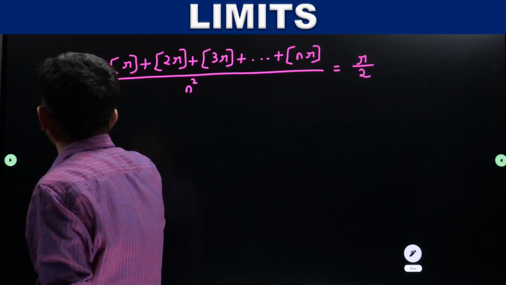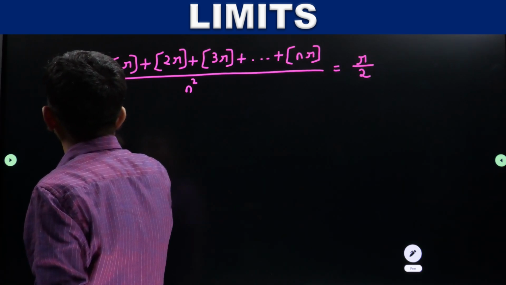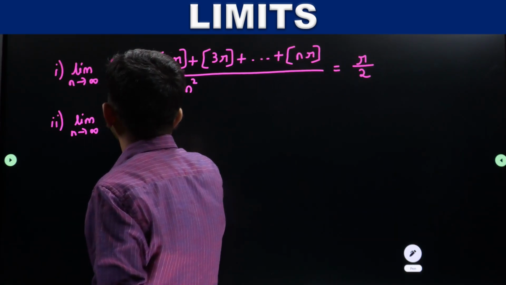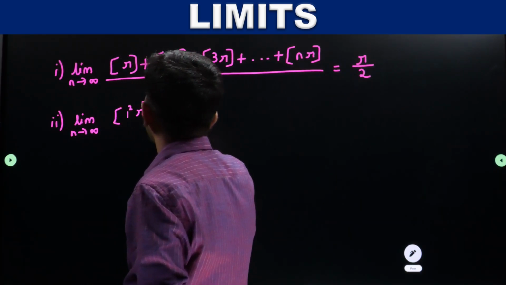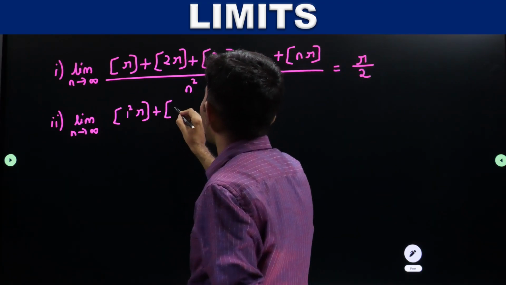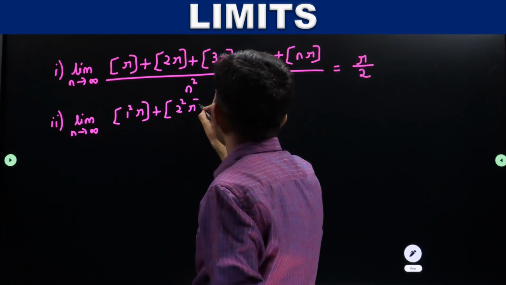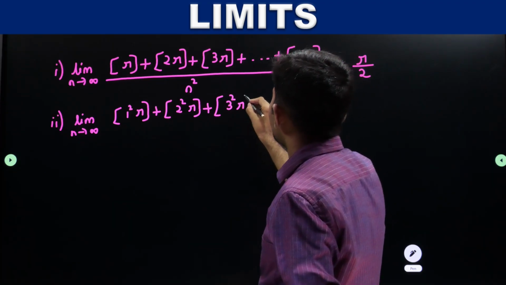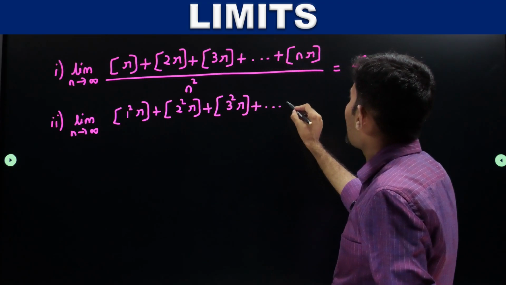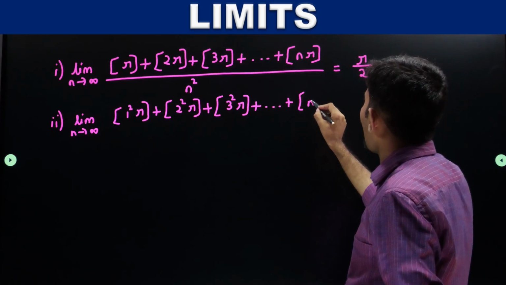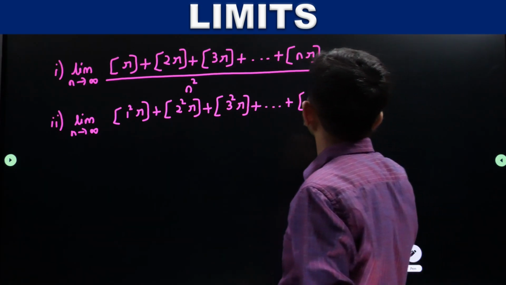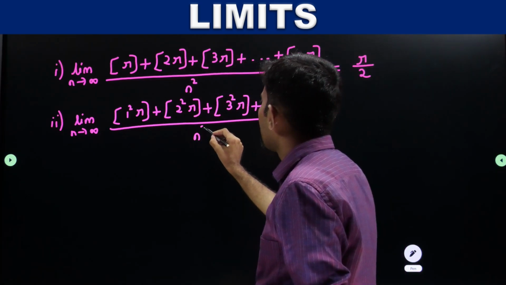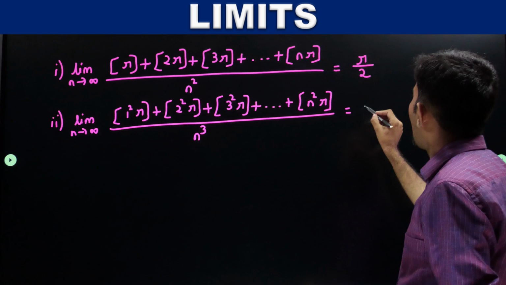Similarly, limit n tends to infinity of the greatest integer value of 1 square r plus the greatest integer value of 2 square r plus the greatest integer value of 3 square r, and so on, up to the greatest integer value of n square r, divided by n cube, is equal to r by 3.